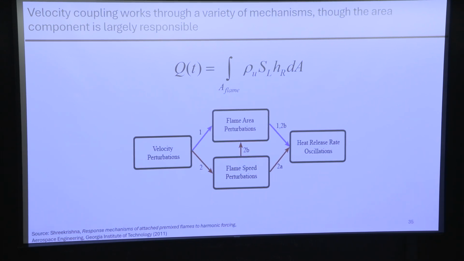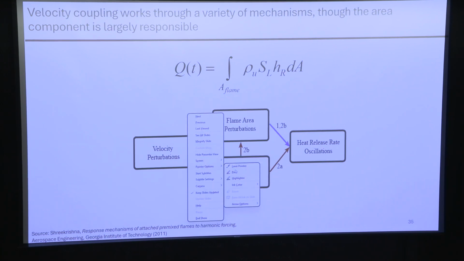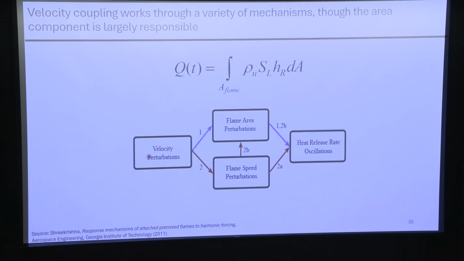So basically what this outlines is the different ways in which different perturbations can lead to heat release rate response. And so if you have some velocity perturbation, the first thing it can do is change the area of the flame, and that can cause heat release rate oscillations. If you have more flame area, you're pushing more reactants through and converting them to products and releasing heat as a result.